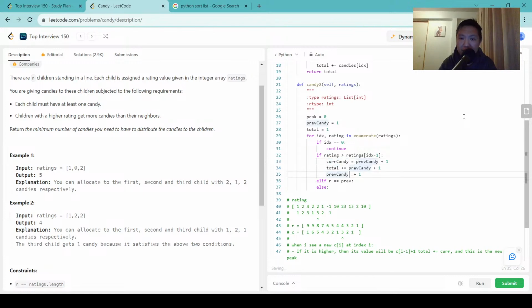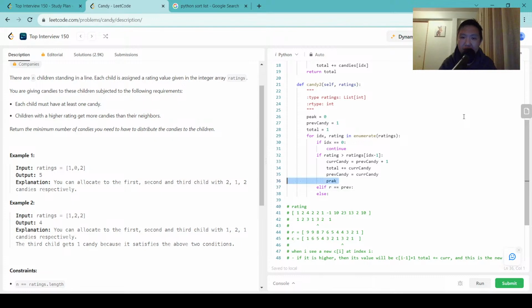So let's show what we're actually doing. Show our work. Total plus equals current candy. Previous candy equals current candy. Okay, this is if we're going up. And peak equals IDX. So this is the new peak.